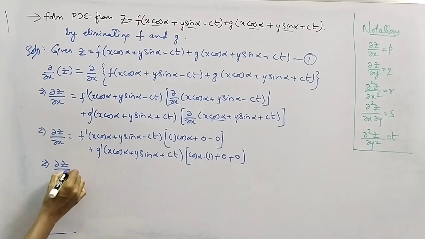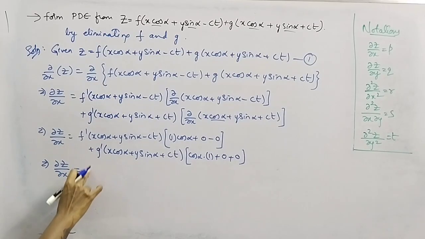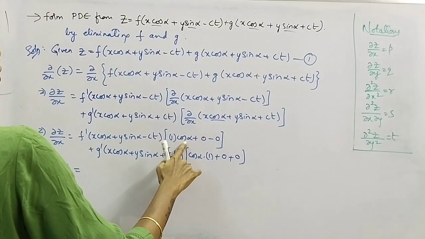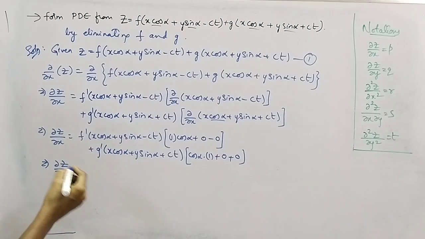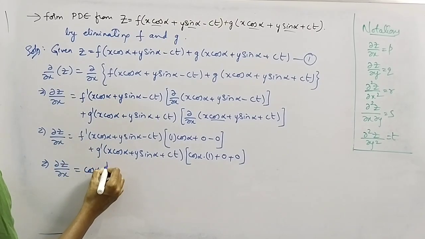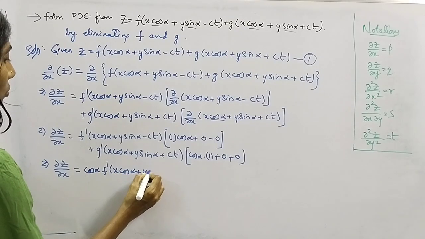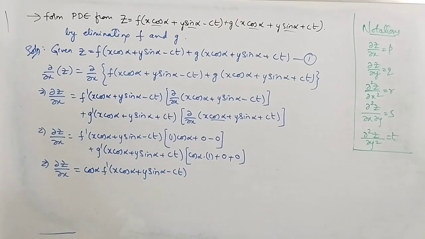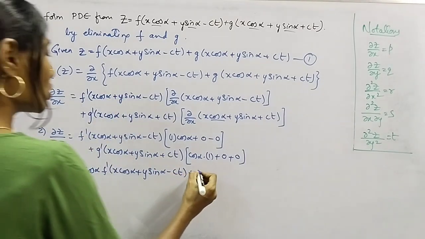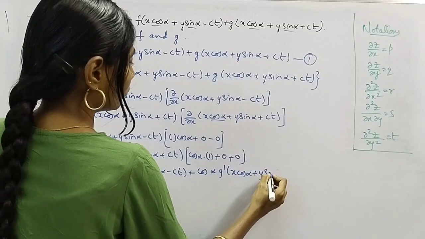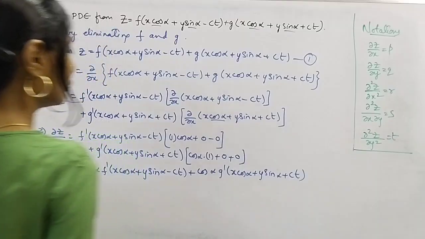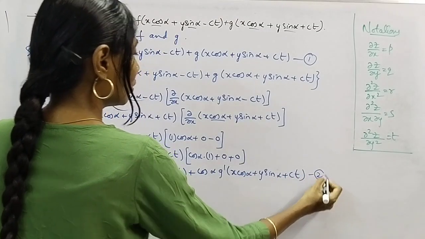This gives us dou z by dou x equal to 1 into cos alpha is cos alpha, plus 0 minus 0, so cos alpha into f dash of x cos alpha plus y sin alpha minus ct, plus here also cos alpha into 1 is cos alpha plus 0, so cos alpha into g dash. Right? Now consider this as equation number 2.